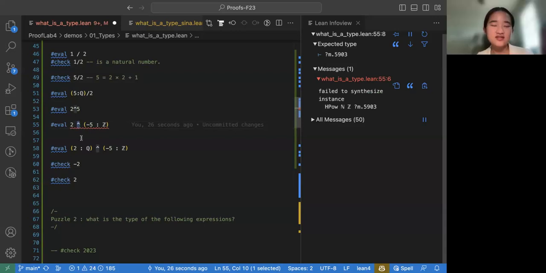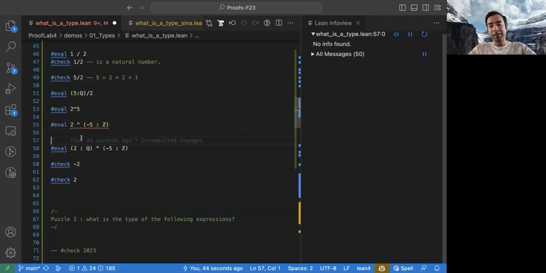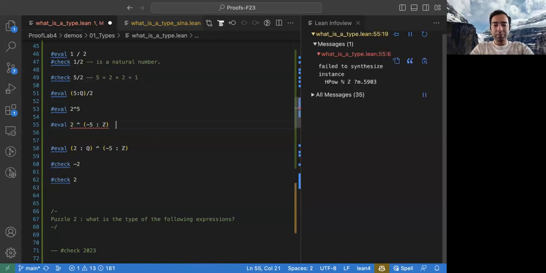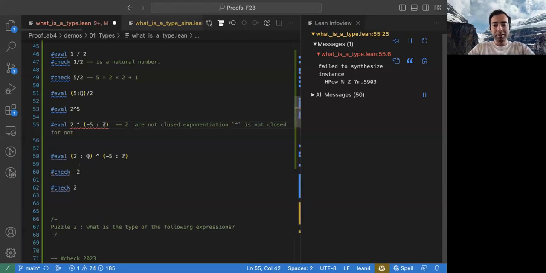I see. Because the result is going to be a rational number, right? The problem here is that this operation, exponentiation, is not closed for integers. Or rather, we say integers are not closed under exponentiation, which means the output is not necessarily an integer.